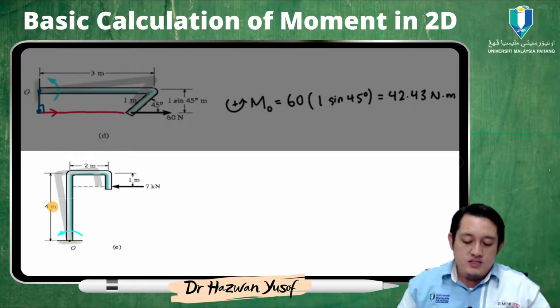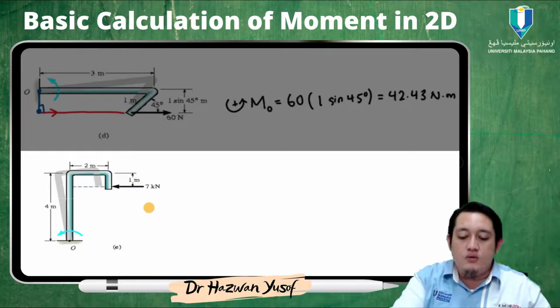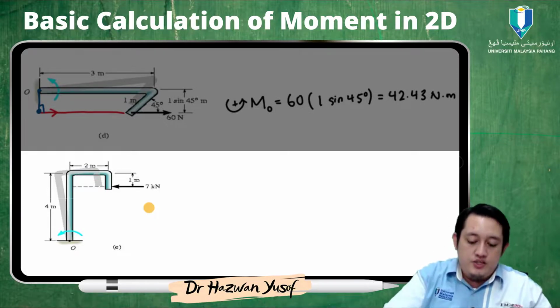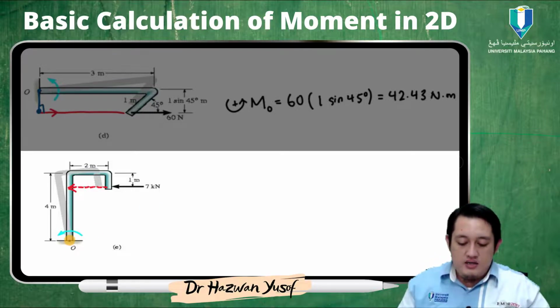We have distance 4, distance 2, and distance 1. Again, when we want to find the 90 degree distance, make sure to extend the line of force up until the rotation point.